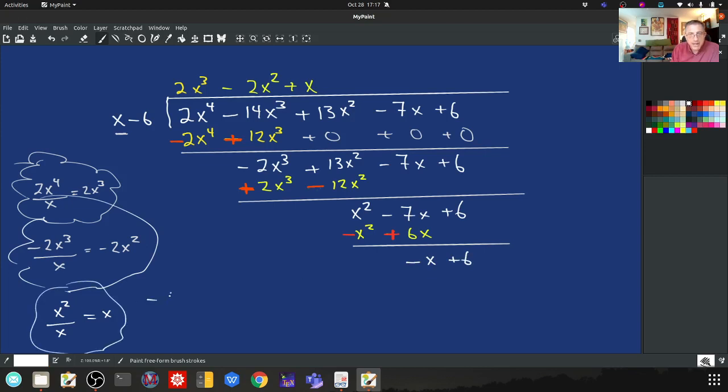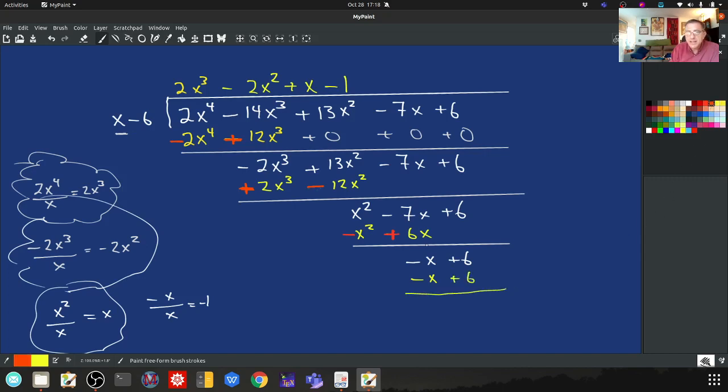And then minus x divided by x is minus 1. So up here, my next term in the quotient is minus 1. That's my last term. So minus 1 times x is minus x. Minus 1 times minus 6 is plus 6.